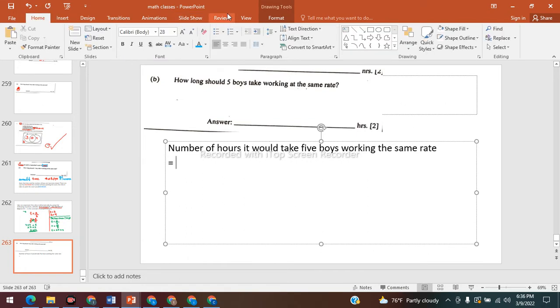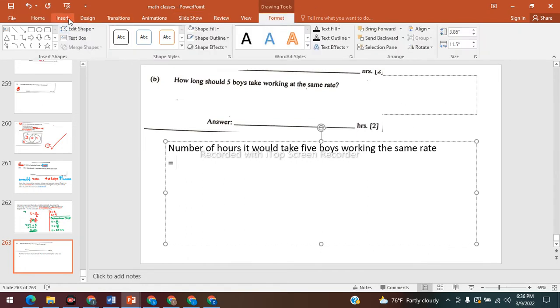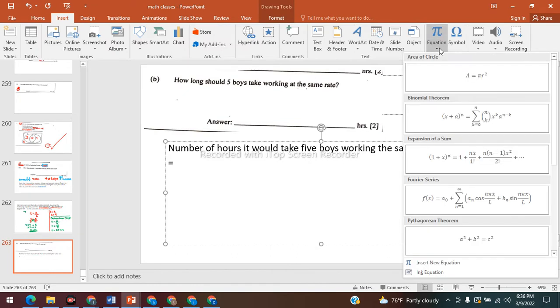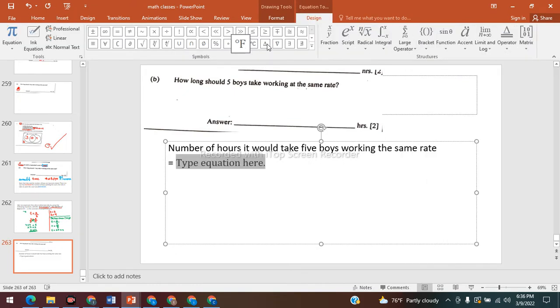So it's going to be 9 times 3 divided by 5.